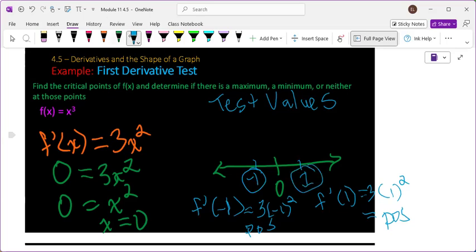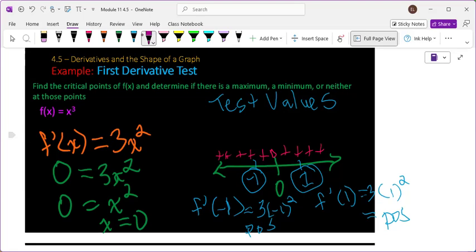Sorry, it's been a while since I've done this, so I'm trying to remember how I used to write them. All right, so this is increasing, increasing, increasing, flattens out at 0, and then increasing, increasing, increasing.